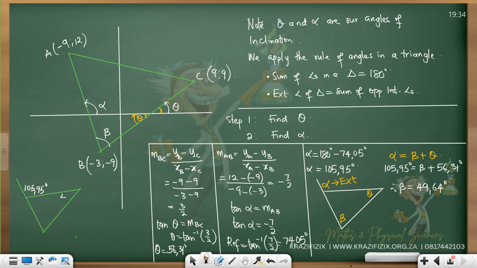We are mathematicians. No, this is 56.31. Let me make it bigger. I just want to keep it on this page. All right, I'm sure you guys are done. I want us to work the other way around. Tell me if we are ready.